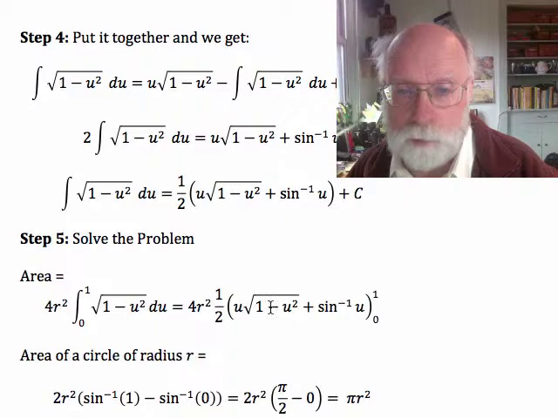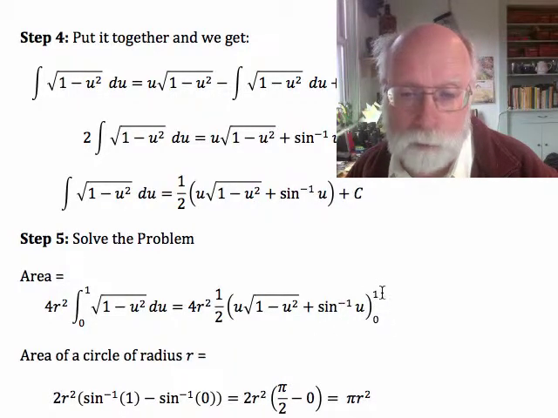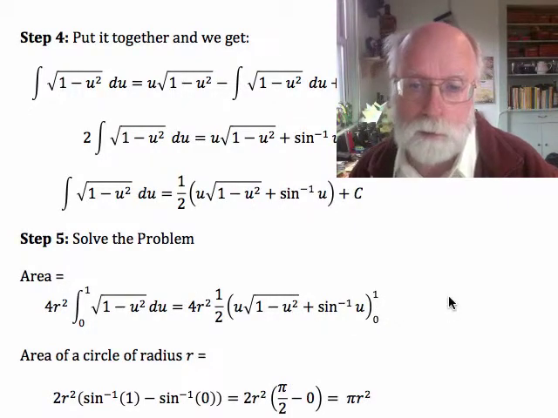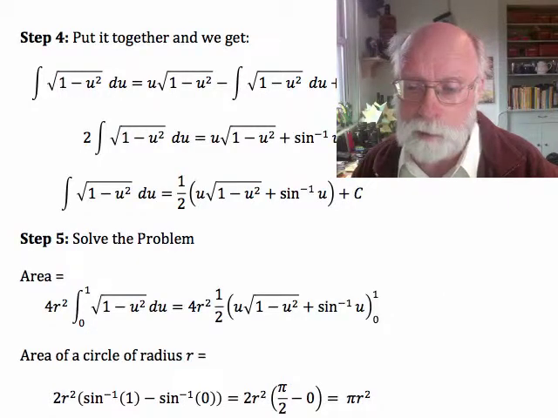Now we use this formula times 1/2 u square root of 1 minus u squared plus sine inverse u, and I evaluate that at 1 and subtract the value at 0. So now this is the value for the area of the circle. So let's evaluate that and see what we get.